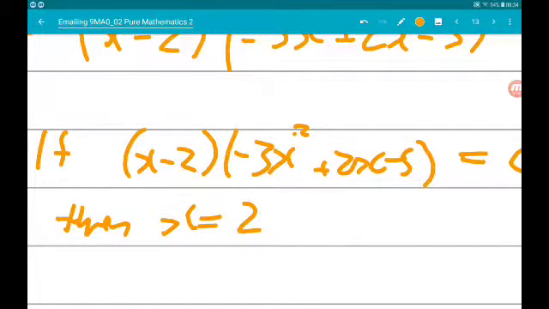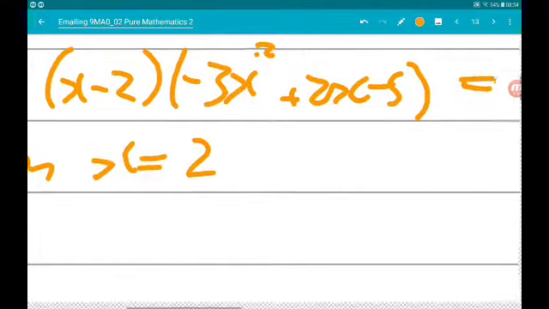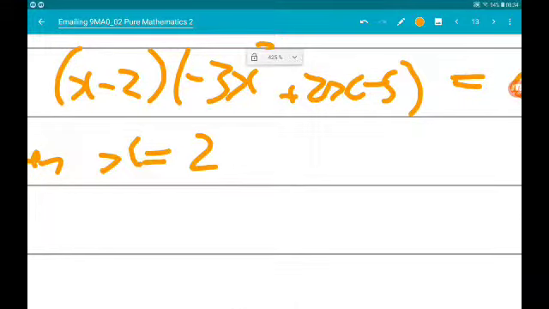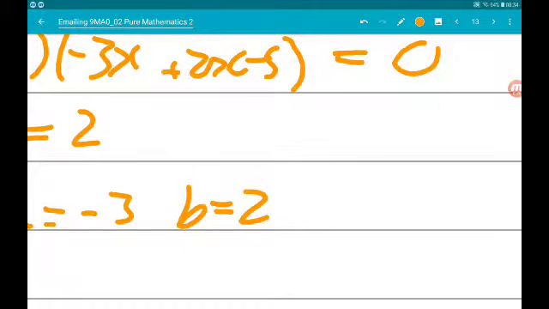Now what we need to do is check whether this quadratic has any solutions or not. So let's find the discriminant. So a is minus 3, b is 2, c is minus 5.